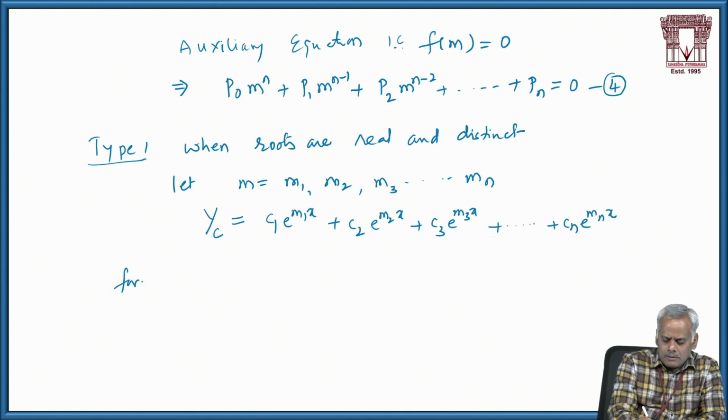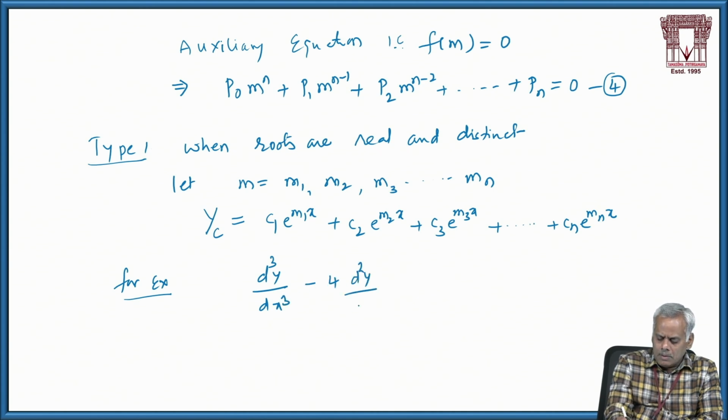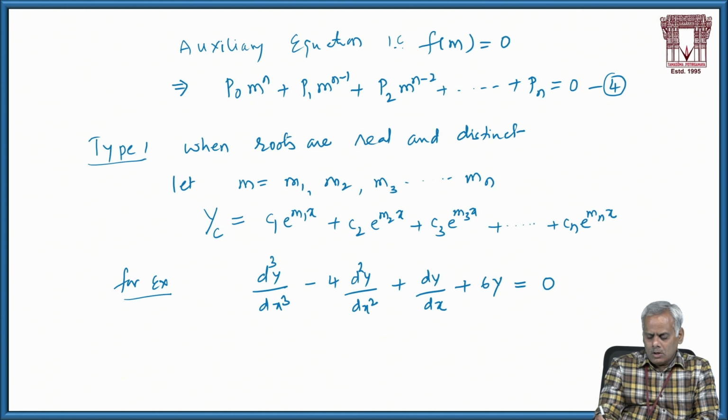For example, consider a differential equation d cube y by dx cube minus 4 d square y by dx square plus dy by dx plus 6y is equal to 0. Now this equation is a homogeneous linear differential equation of third order with constant coefficients.